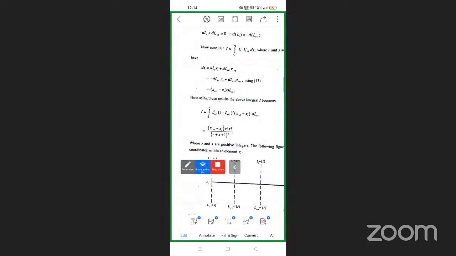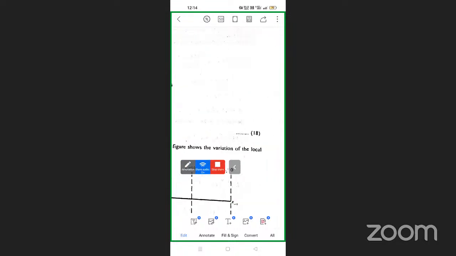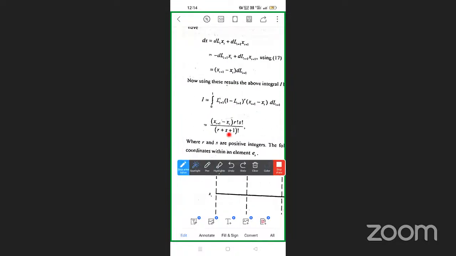So directly after integration, the formula is there, the integration formula. This is equation 18: xi plus 1 minus xi into r factorial s factorial divided by r plus s plus 1 factorial.